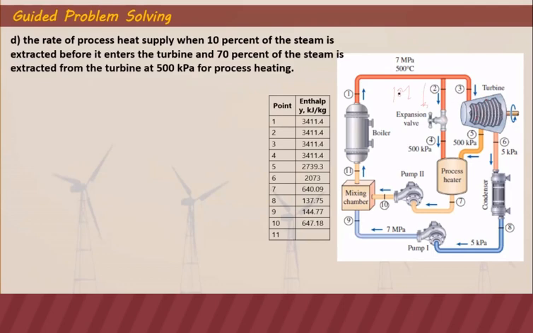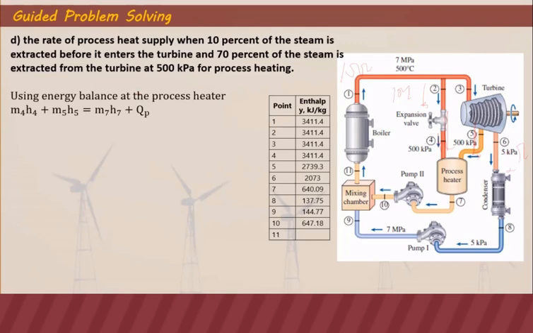So meaning out of the 100% that flows from the boiler, 10% will be extracted here before it enters the turbine, and then 70% will be extracted here at point 5 after expanding in the turbine. So the 70% will be flowing at point 5, and the remaining around 20% will go to the condenser. So that's what this means here.